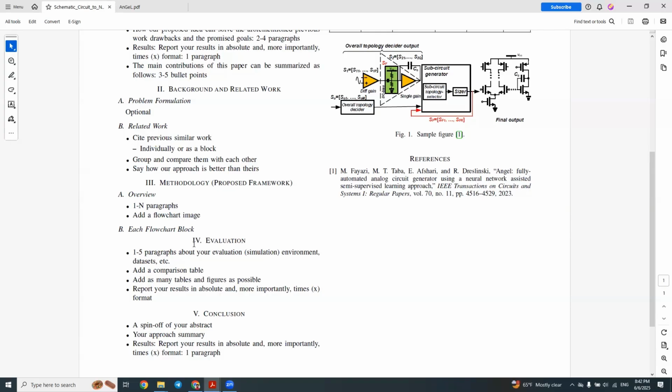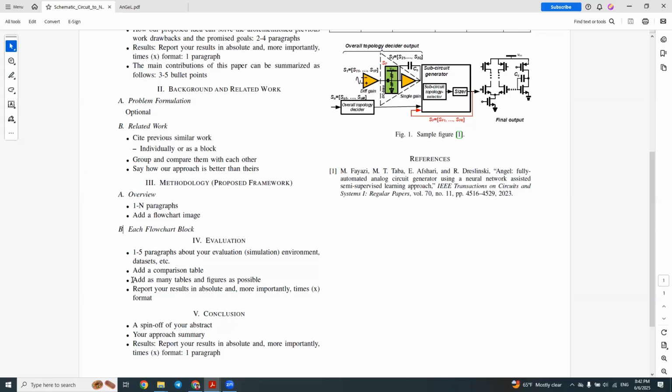Kind of the last important part of our paper is the evaluation section. Very, very important. It is very important that we give enough figures and tables.